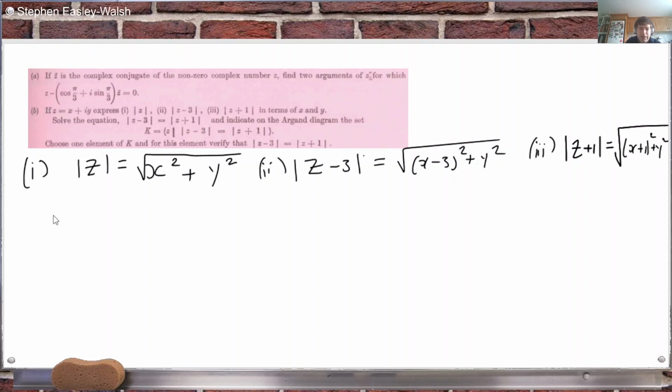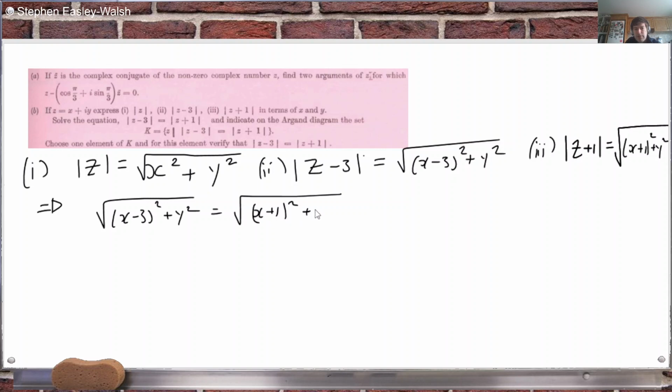And yeah, I see why they're doing that. So they want us to solve the equation. So that's the square root of x minus 3 squared plus y squared is equal to the square root of x plus 1 squared plus y squared. So that means we have to solve x minus 3 squared plus y squared equals x plus 1 squared plus y squared.